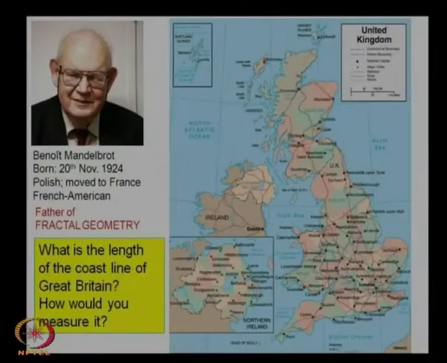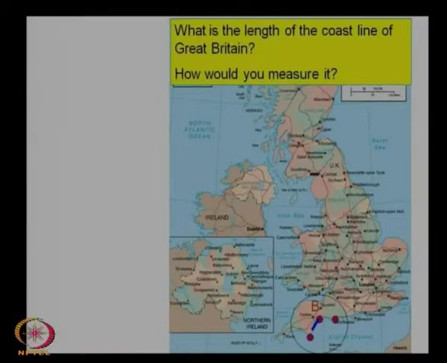And let us consider the question that Mandelbrot raised, which is what is the length of the coastline of Great Britain. So let us perform an experiment and ask ourselves how are we going to measure it. So we are actually going to have to measure this. What we will do to measure it, we need a certain scale, we need a meter rod or maybe a tape or something.